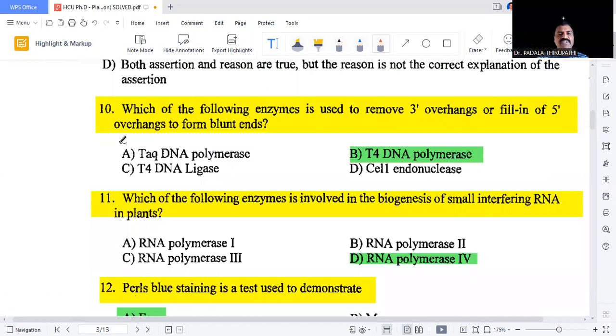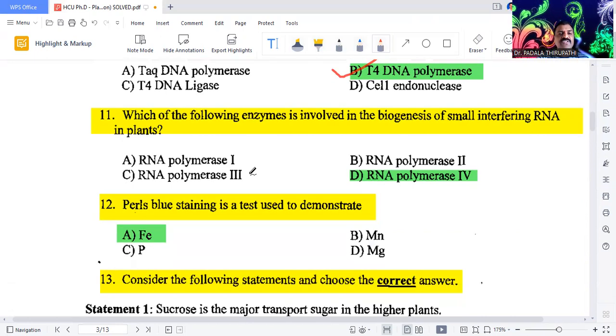Then the next question: which of the following enzymes is used to remove 3' overhangs or fill in 5' overhangs to form blunt ends? That is T4 DNA polymerase. T4 DNA polymerase enzyme is used to remove 3' overhangs or fill in 5' overhangs to form blunt ends.